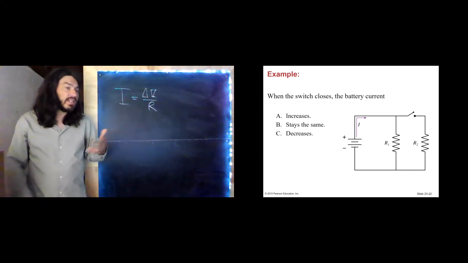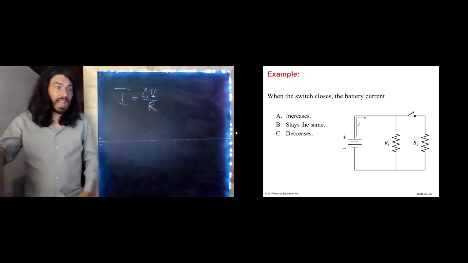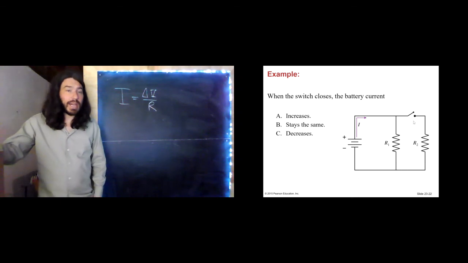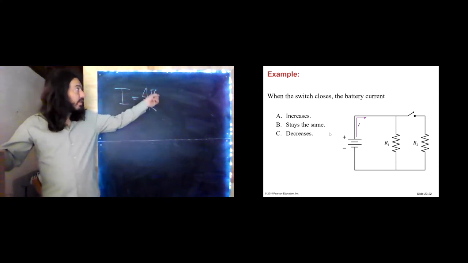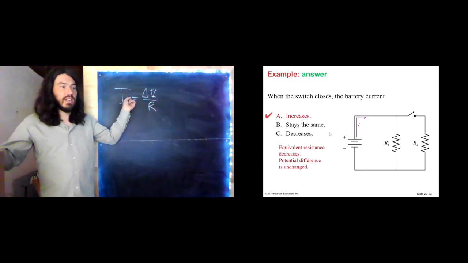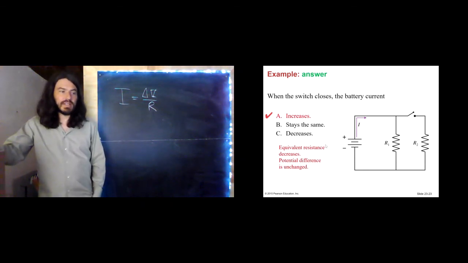And by the resistance, I mean the equivalent resistance of the entire circuit. And indeed, adding a resistor in parallel decreases the overall resistance of the circuit. So we have a lower resistance, same voltage, so we should have a greater current, because the equivalent resistance decreases and the potential difference is not changed.